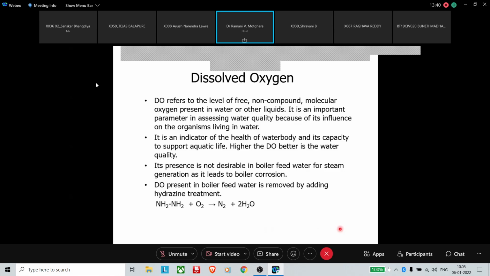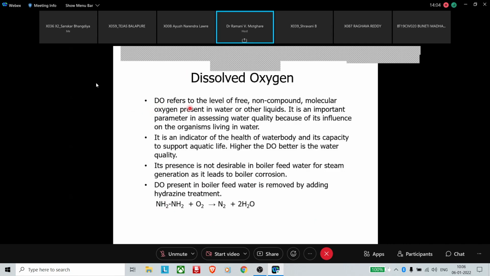Right, now if dissolved oxygen, which is there as around 8 milligrams per liter at room temperature, if such water is fed into the boiler, it leads to corrosion due to oxygen. So you need to treat water, and like the hydrazine treatment was the best one. So let us read this.